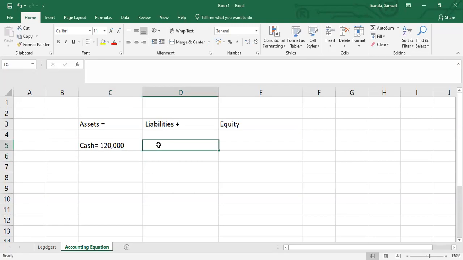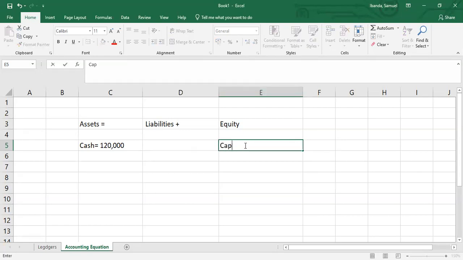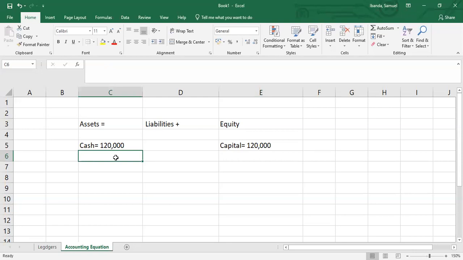120,000. And then is there a liability? Definitely no, because we are not borrowing money. Is there equity? Yes, because the owner is contributing this in the form of capital. That is how our equation is affected. As you can see, our assets are equal to our liabilities plus owner's equity. You get it? You have 120 here, and you also have 120 here.